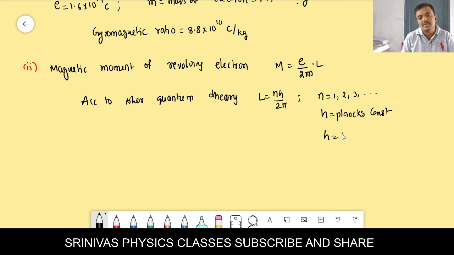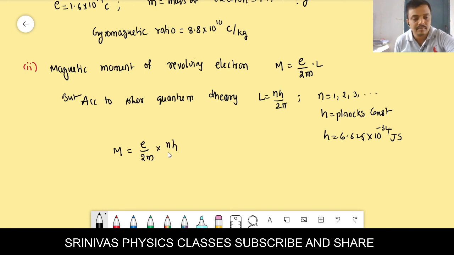Its value is 6.625 into 10 to the power of minus 34 joule second. You substitute this value in the above equation: e by 2m into capital L is nh by 2 pi.